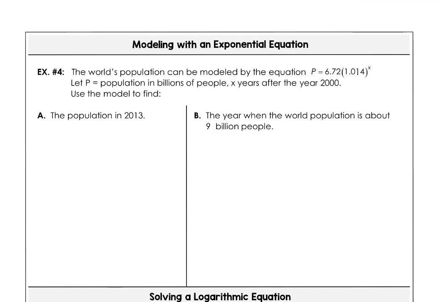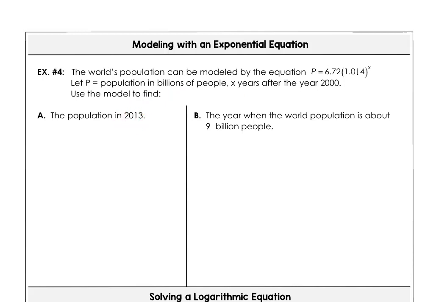In example 4, we're looking at a real-world example. If the world's population can be modeled by this equation, P equals 6.72 times 1.014 to the x power, and P represents the population in billions of people x years after the year 2000, we want to use that model to find the population in 2013.